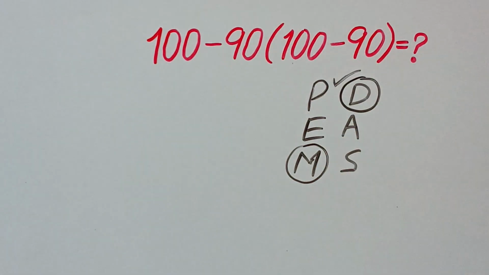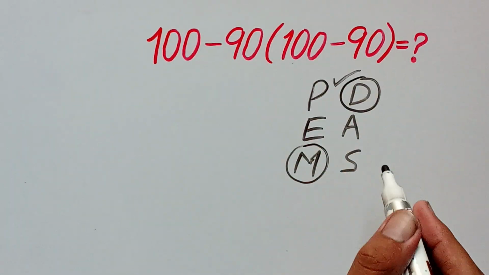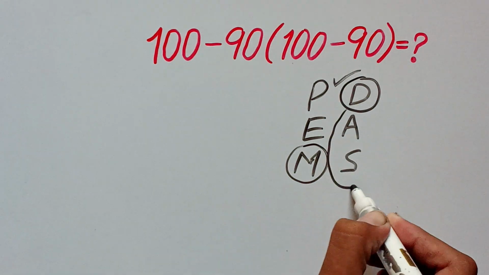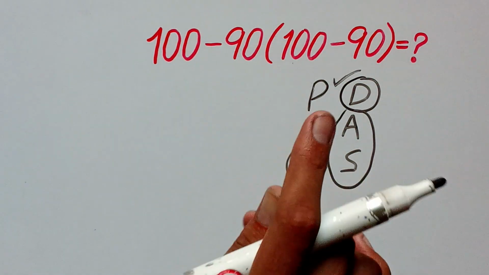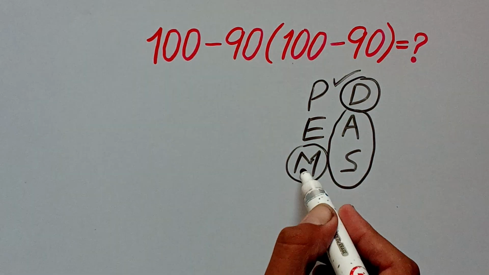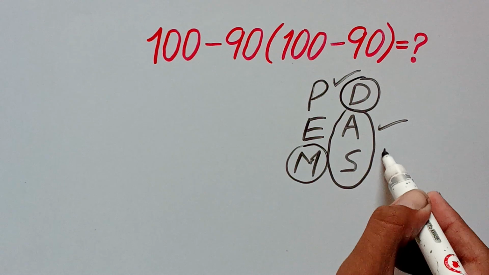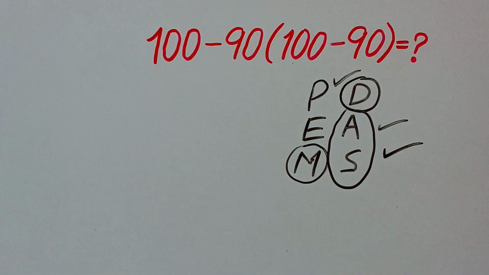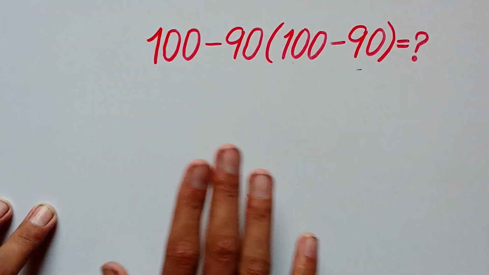Multiplication and division have equal priority and we solve them from left to right. Similarly, addition and subtraction have equal priority and we solve them from left to right. But one thing you must remember is that multiplication and division have higher priority than addition and subtraction. So guys, I will remove this rule and start the solution of this question.